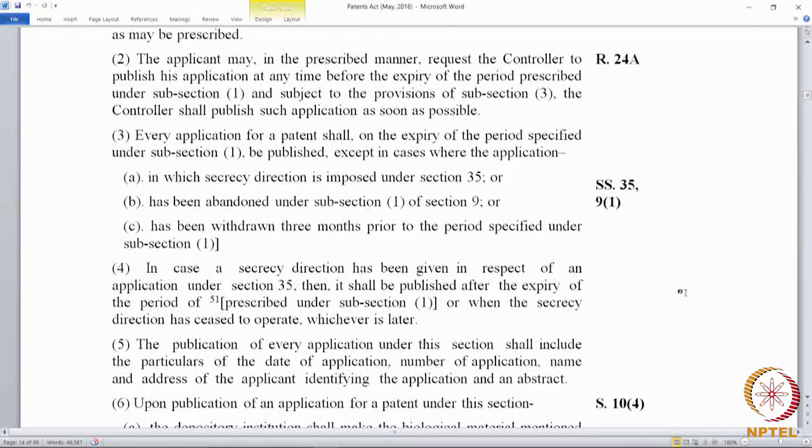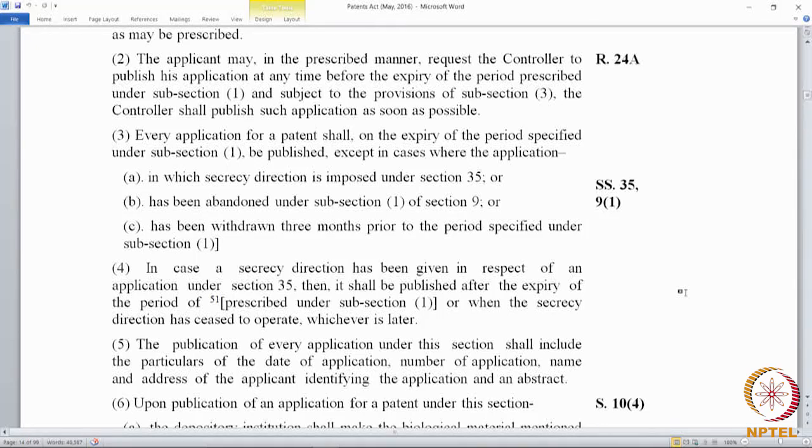Now, I mentioned that officially the patent office starts looking at the application only after the application is published. I use the word officially because that is where the process of scrutinizing the application on merit begins.